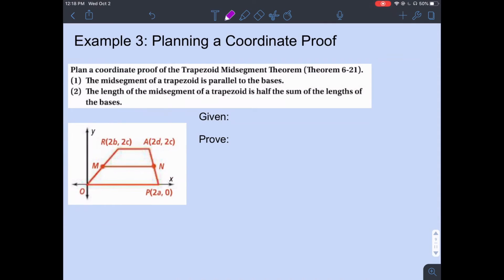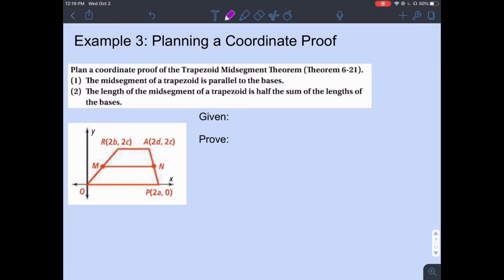So here's what they give us. It says plan a coordinate proof of the trapezoid midsegment theorem. Part 1, the midsegment of a trapezoid is parallel to the bases. And 2, the length of the midsegment of a trapezoid is half the sum of the lengths of the bases. So the first thing we want to do is figure out what is our given.